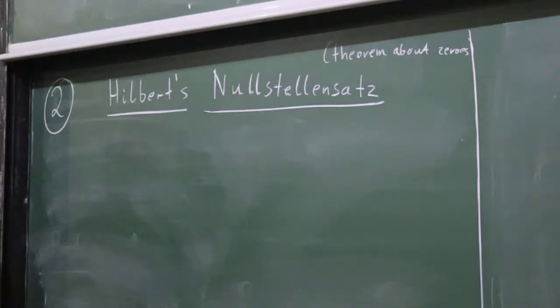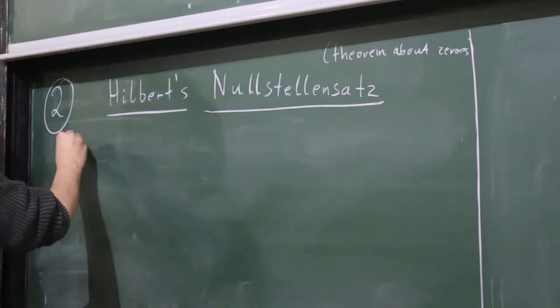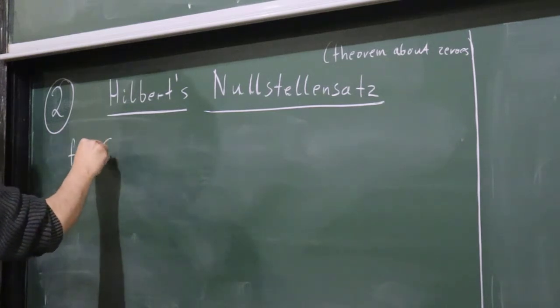So before I state it, let us again start with the case. It will be again about polynomials in n variables over C or algebraically closed fields. But let's again start from polynomial in one variable.